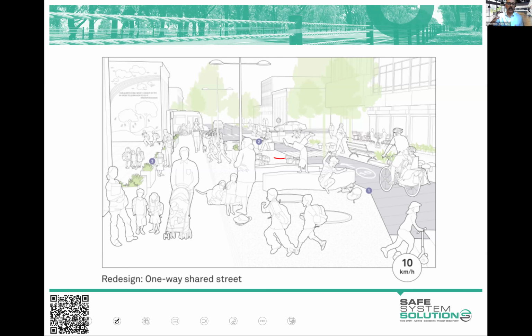You can make this a shared zone easily. It's probably going to have less vehicles, but I won't make that prediction as a safe system assessor. I'll wait till I see what traffic modeling says about what the new vehicle volumes might be associated with something like this. But you can immediately see this is much better as a place for people, isn't it? To hang out, to trade, have a coffee, drink, play with kids, whatever.